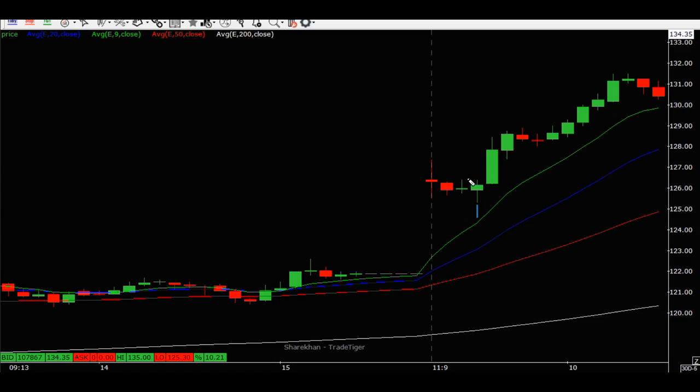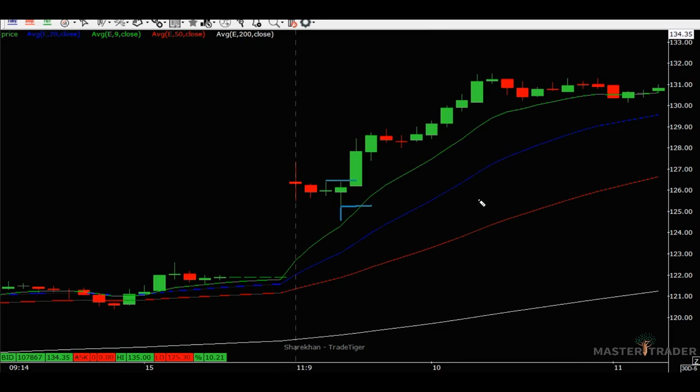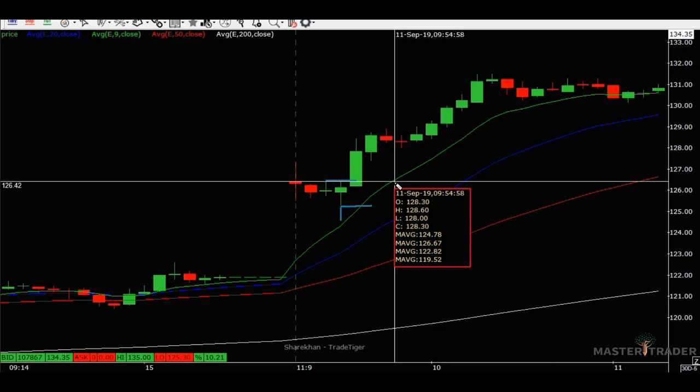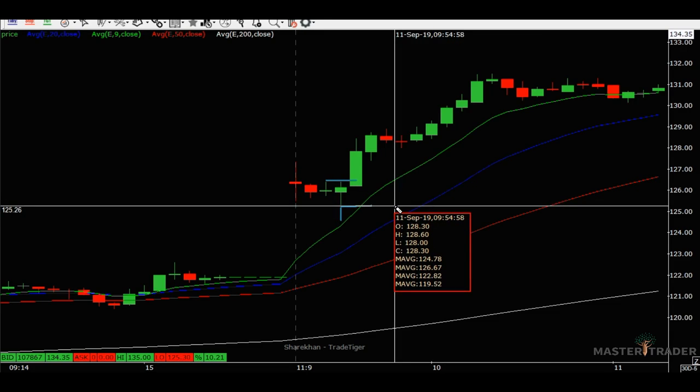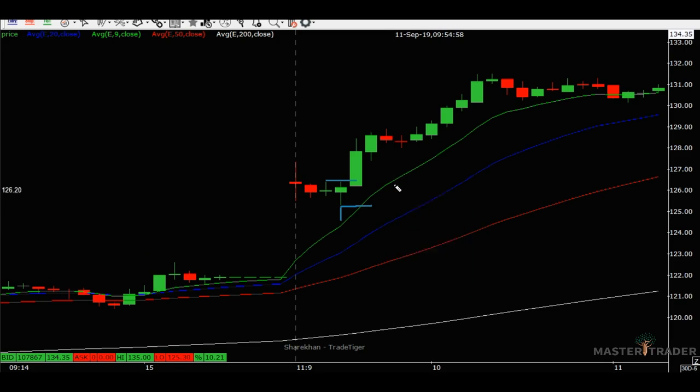As we learned, we can enter above this hammer high and simply place our stop loss below the low of this hammer. So small risk, really tiny risk, but now look at your reward. We're entering above 126.50, our stop loss is 125.20, so about 1 rupee is my risk, and from 126 it goes all the way to 131.50.